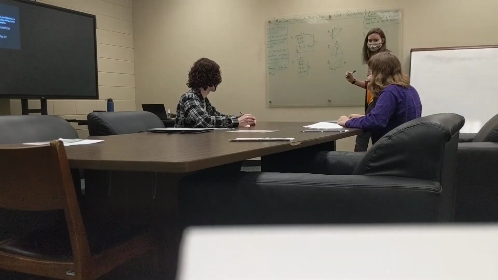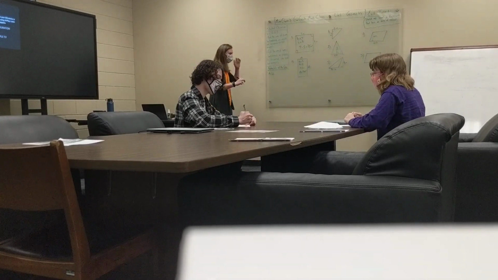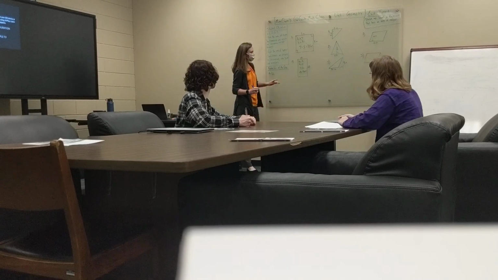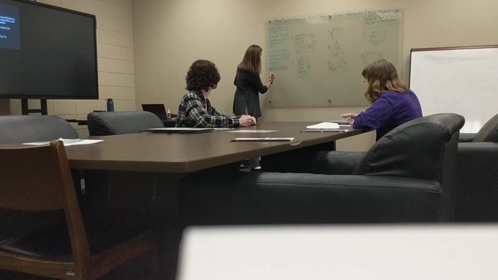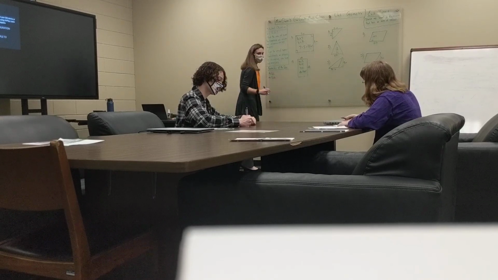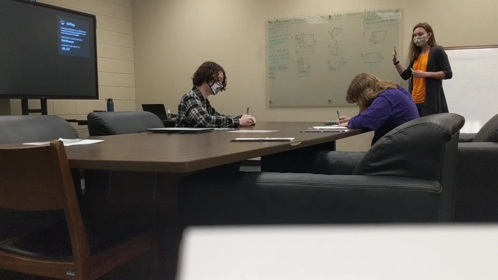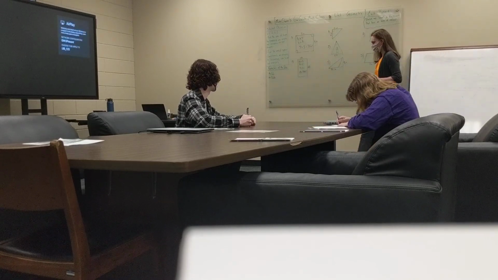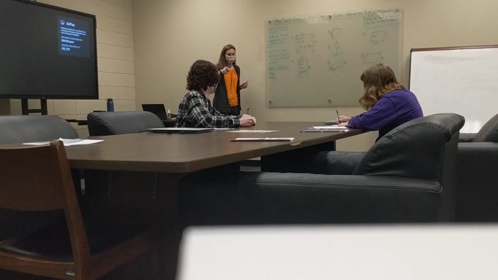Would it be base times height and it's all divided by 2? Yes, very good. So since 2 triangles make up 1 square, the formula is going to equal 1/2 base times height. And you can think of that base times height over 2, but the formula that we use is 1/2 base times height. So please make sure you're writing that at the top of your paper.